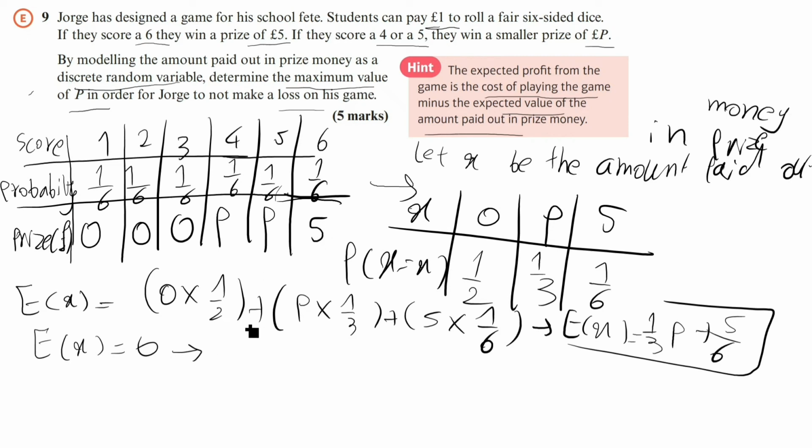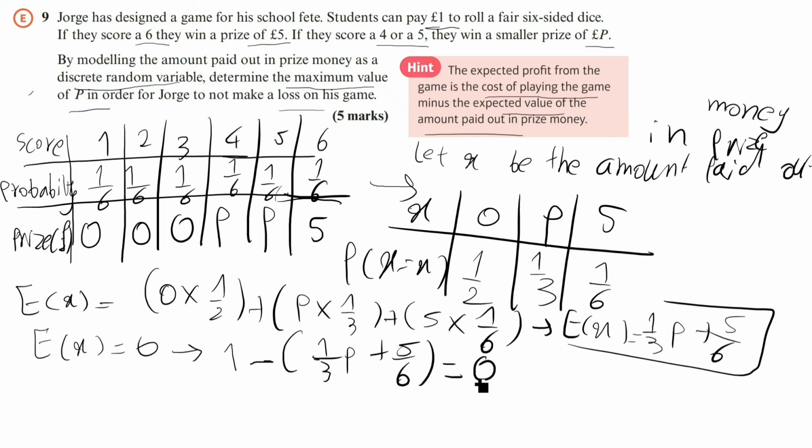To find this, we use the hint: 1 minus (1/3 p plus 5/6) equals 0.